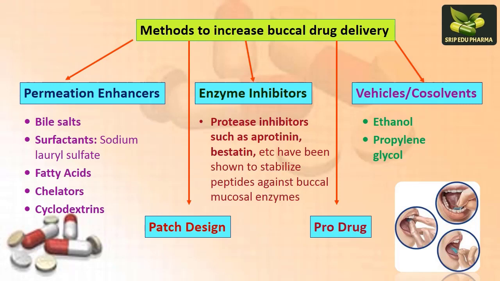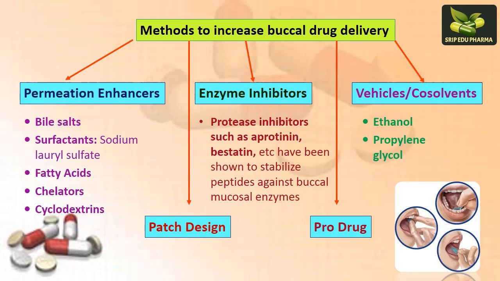Then comes patch design. We can modify the patch design for easy adhesion or for easy access of the drug inside the mucin layer. Then we can also use enzyme inhibitors, for example protease inhibitors such as aprotinin and bestatin. They have been used to stabilize peptides against buccal mucosal enzymes. These are very important and find application when peptides and proteins are delivered.